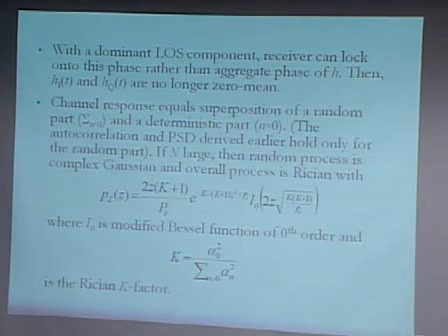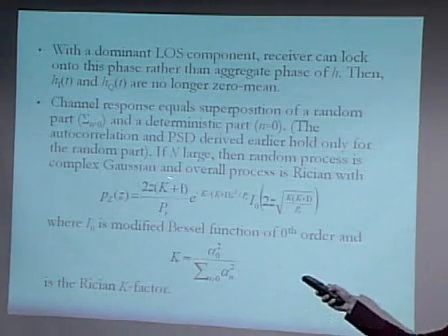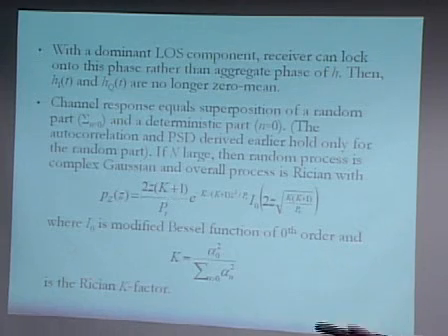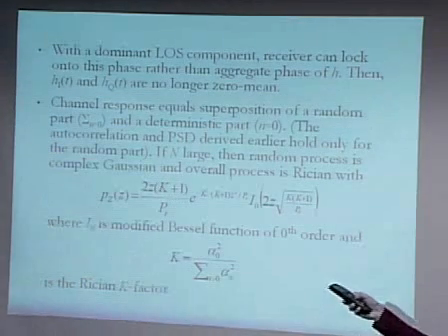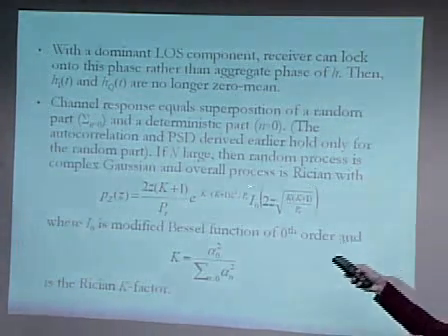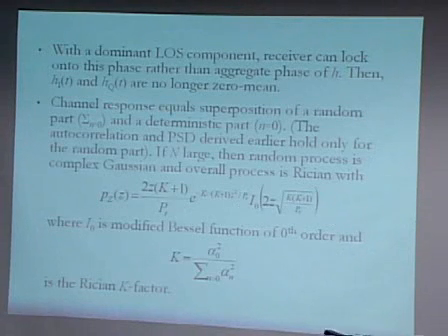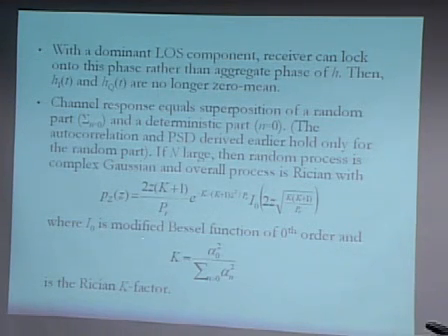Okay, and it is a function now of this k, which I'll describe in a second, and it relies on a modified Bessel function. Okay, so this I sub 0 is closely related to the J sub 0 we saw before. It's a modified Bessel function.